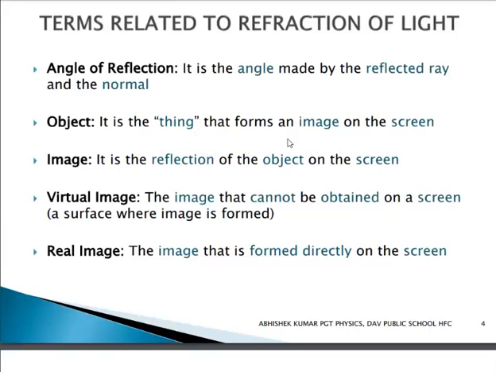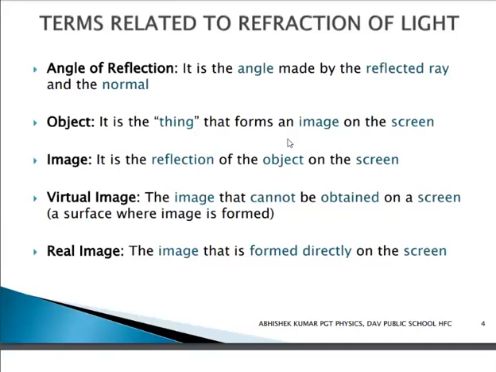An image could be of two types, real image and virtual image. What is a real image? A real image is one which forms directly on the screen by actual intersection of the incident ray and the refracted or reflected ray.